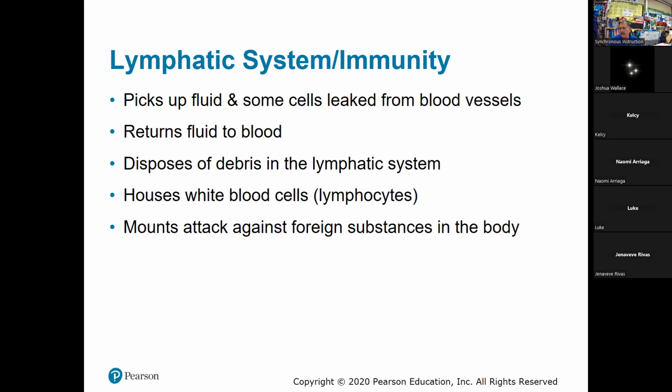And so there's another series of vessels in your body. It's the lymphatic system, and you probably are familiar with some of the junctions of those tubes, those lymphatic vessels, because those are your nodes.